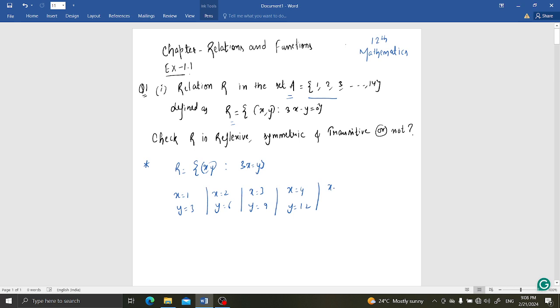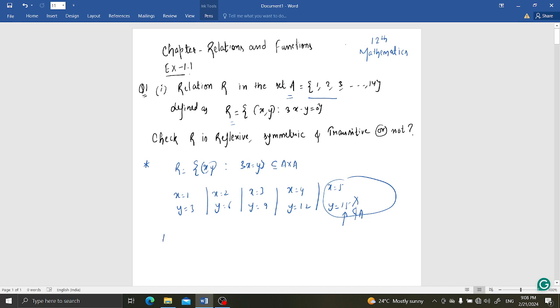And if x equals 5, y will be 15. After that, all these possible cases will be discarded. Why so? Because we know that R is a subset of A cross A if R is a relation defined on A. So this y also has to be a member of A, but here y is coming 15, so y is not a member of A. That's why we discarded it.